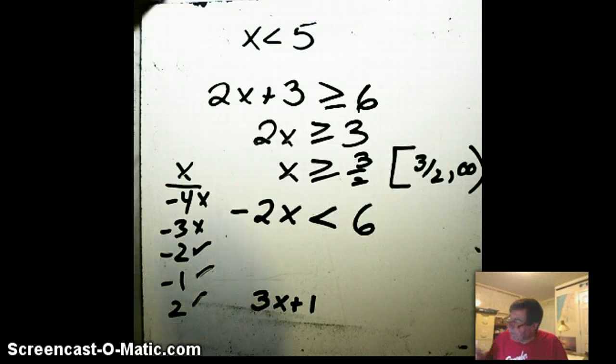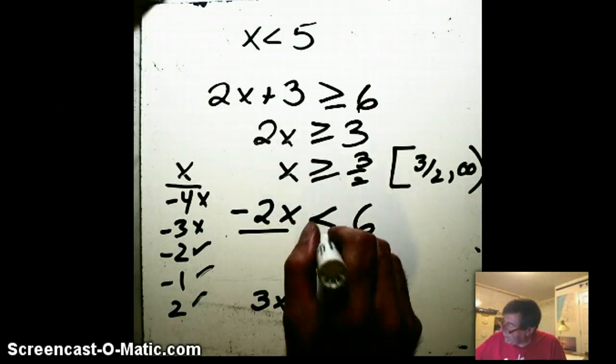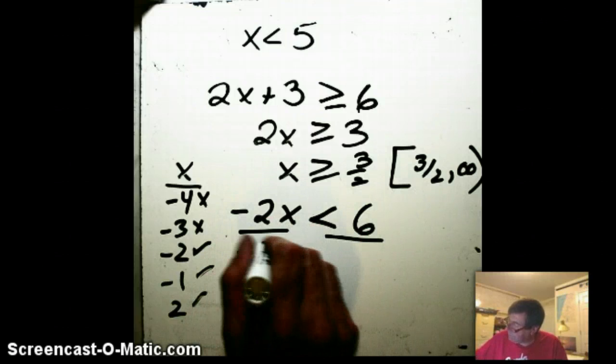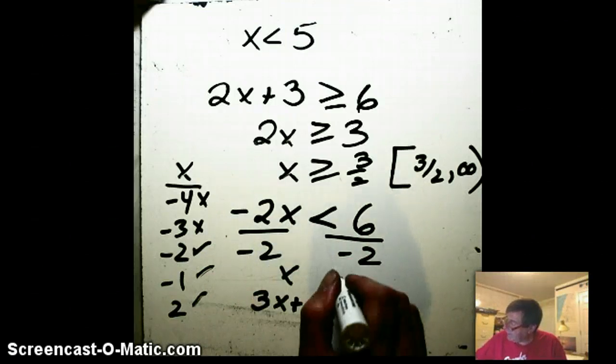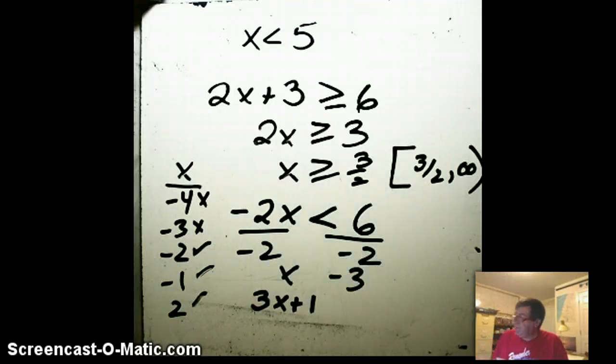Now, watch what happens if we divide by -2. Here's my x, and here's the -3. But I said to the right of the -3, and this symbol is saying to the left of the -3.